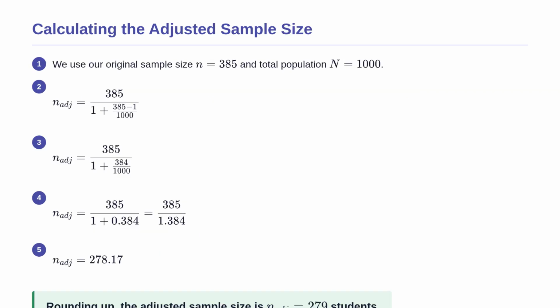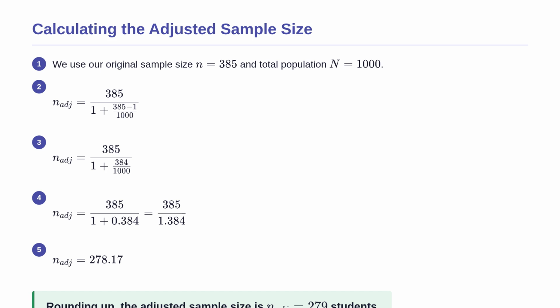Let us apply this correction to our college scenario. We substitute our original sample size of 385 for n and our total population of 1,000 for capital N. First, we look at the fraction in the denominator and subtract 1 from 385, giving us 384. We divide this by 1,000 to get a decimal value of 0.384.